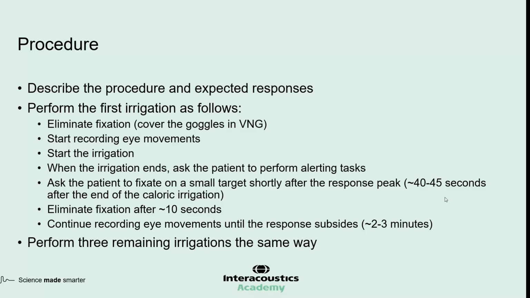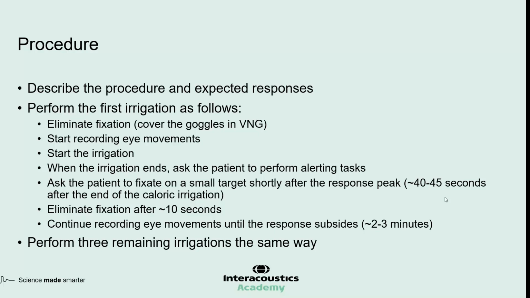So you begin the first irrigation by closing the goggles, eliminating fixation, starting the eye movement recordings, and starting the irrigation. The irrigation, depending on which mode you're using, ends after 30 seconds or after 1 minute.